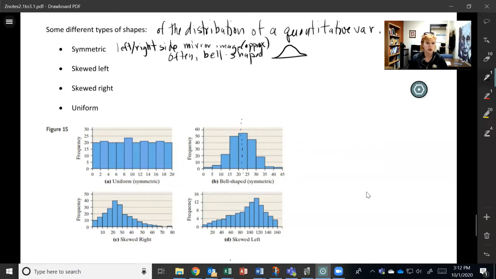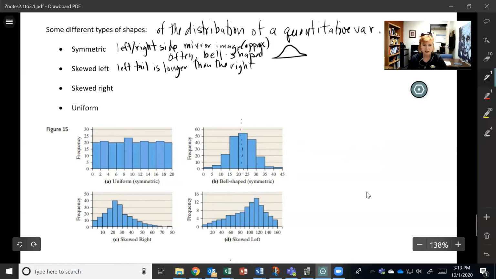Skewed left: with skewed left, the left tail is longer than the right. Here, this class between 110 and 120 is what's called the mode, the mode of this distribution.